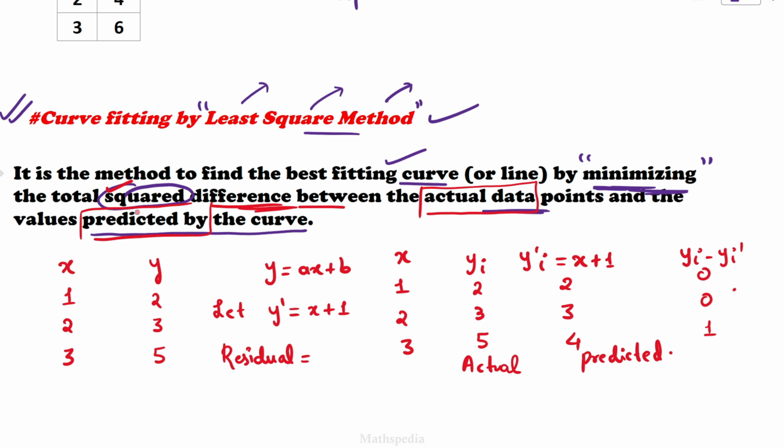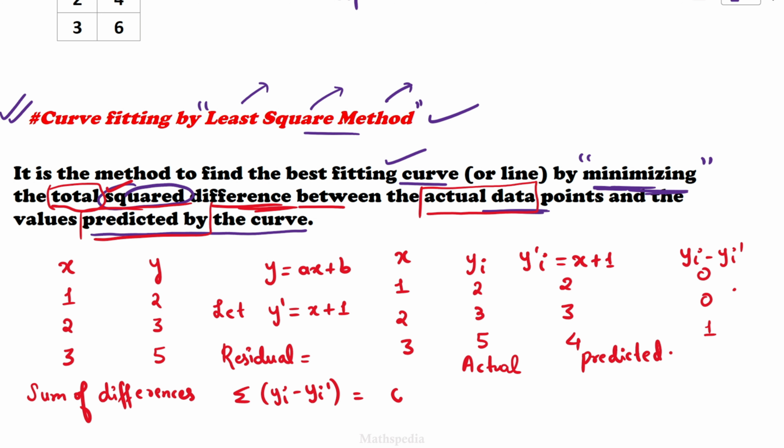Okay. So if you see the definition over here, total squared difference, we are going to take the sum of differences. Sum of differences will be the sum of y i minus y i dash.